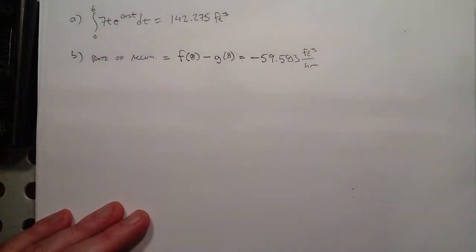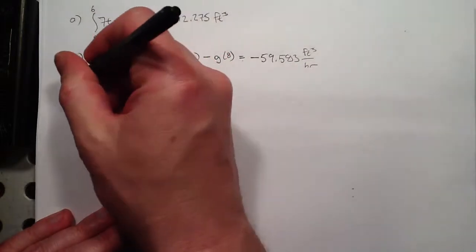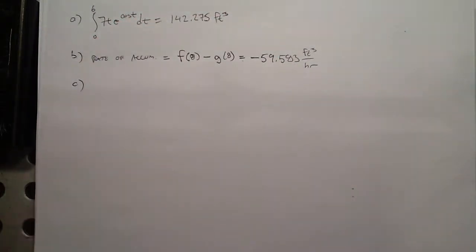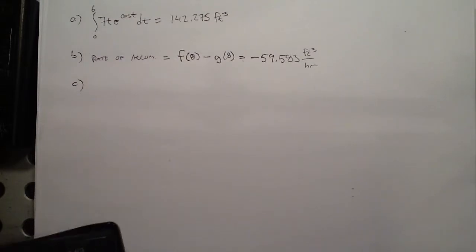Part C. Let h of t represent the total amount of snow in cubic feet that Janet has removed from the driveway at time t hours after midnight. Express h as a piecewise defined function with domain from 0 to 9.